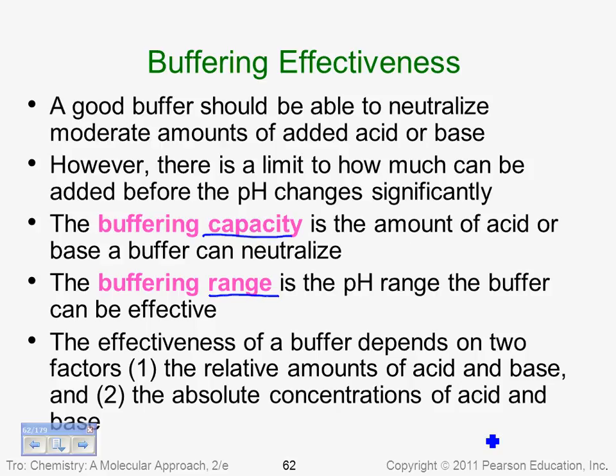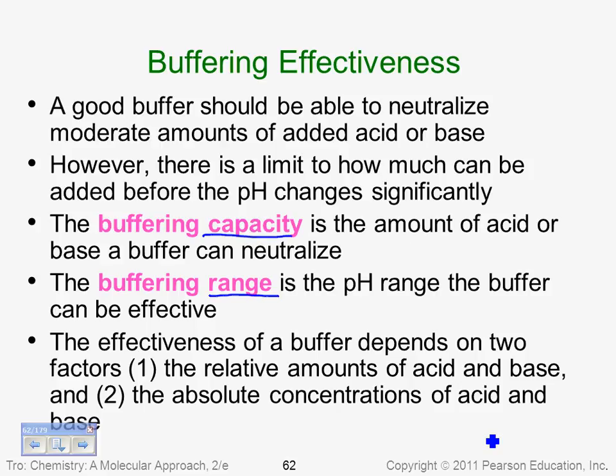So we only added 0.01 moles of sodium hydroxide. We can add another 0.01 moles of sodium hydroxide. We'll get some new numbers, and the pH will go up a little bit more. We add another 0.01 mole of sodium hydroxide, and you do some calculation, and the pH will go up a little bit more.